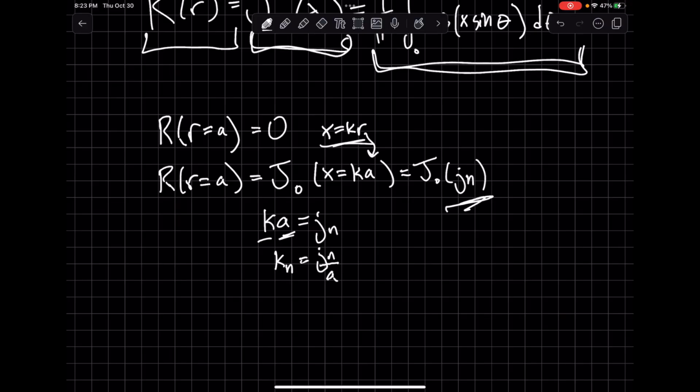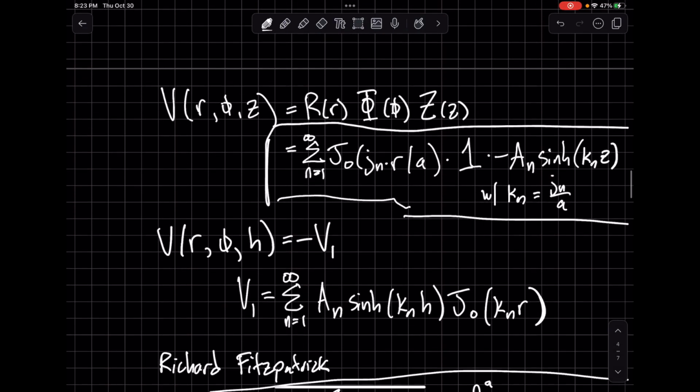So then k sub n equals j sub n over a. And so plugging this back into our ansatz, since we need to be summing over the index n, the sum from n equals 1 to infinity of J sub 0 of j sub n r over a, since k sub n equals j sub n over a, times 1, which is the phi component here, times negative a sub n sinh k sub n z, which is the z component here.